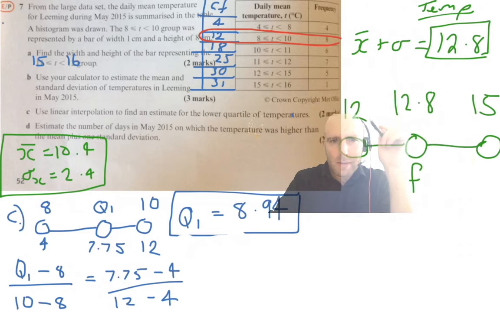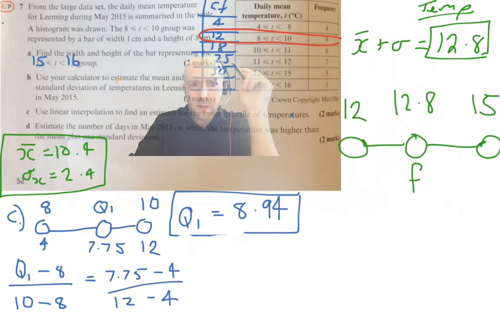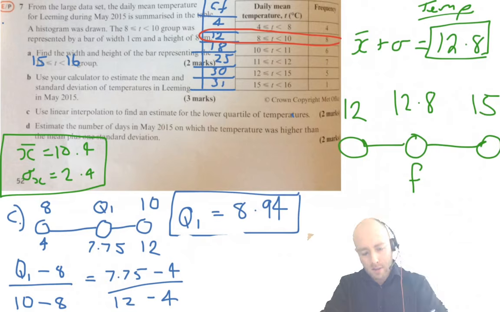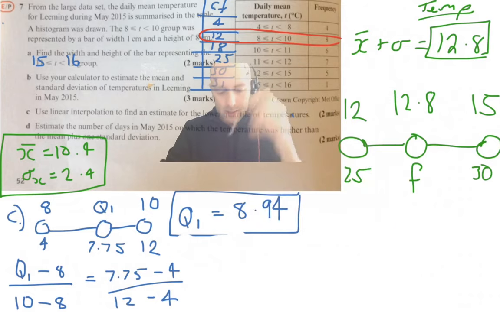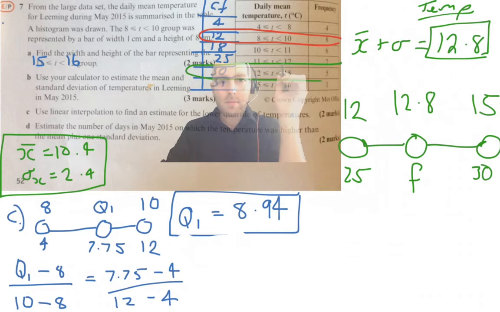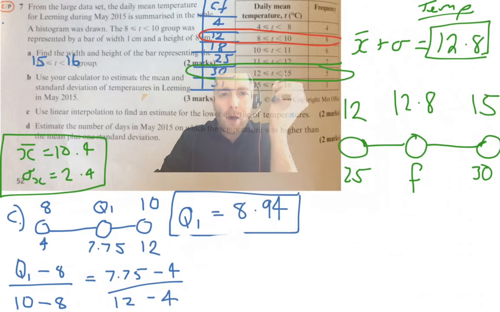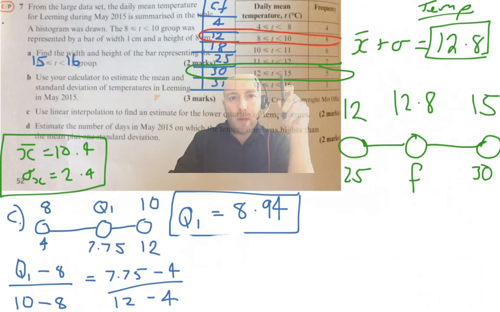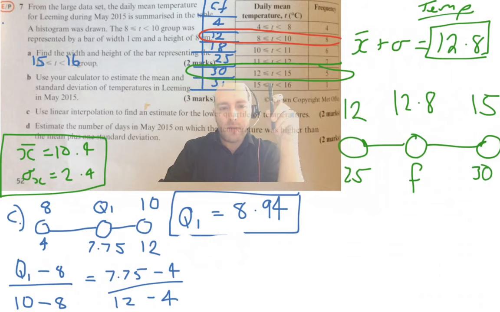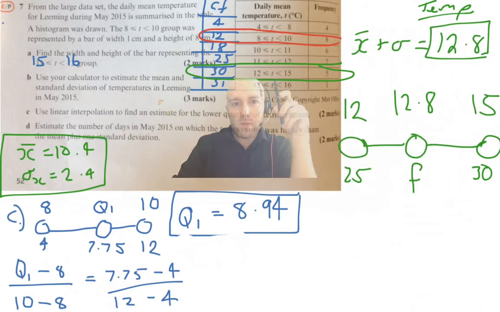So we know the cumulative frequency up to 12 is 25 and up to 15 is 30. So we're trying to find in this class how many days are before 12.8 degrees. So we want to find where in this frequency of 5 is our 12.8.